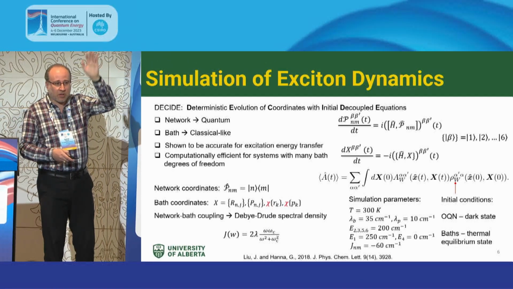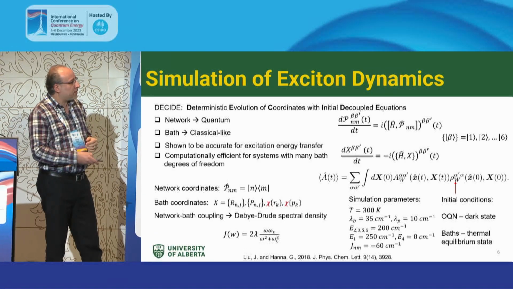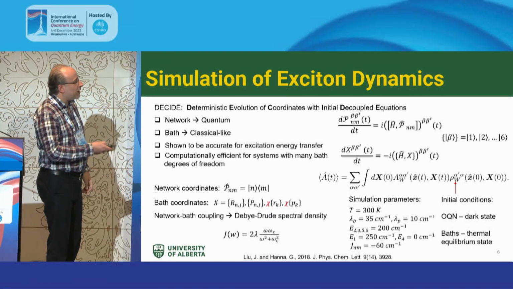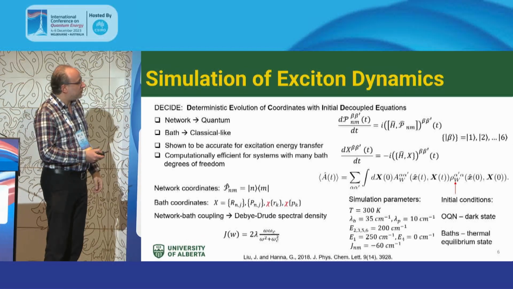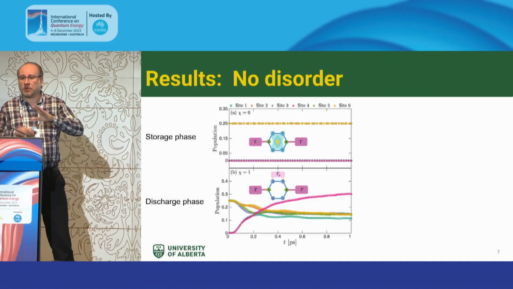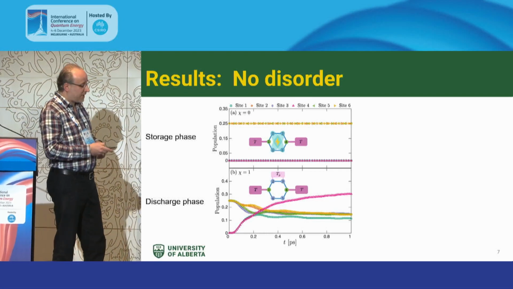I'm not talking about how to charge the battery, that's a separate story. And the baths are in a thermal equilibrium state at temperature T. And these are the simulation parameters that we happen to use. Okay, so I'm going to start by presenting the results without any disorder, and then I'm going to show the effects of different types of disorder on the exciton dynamics.